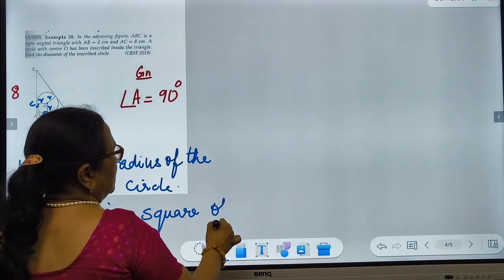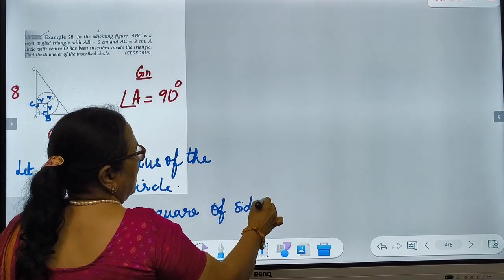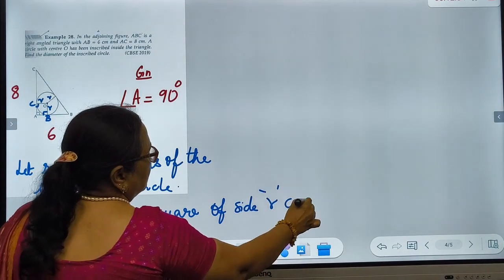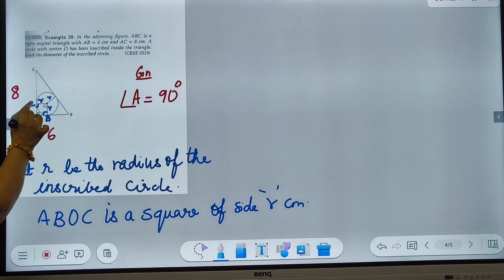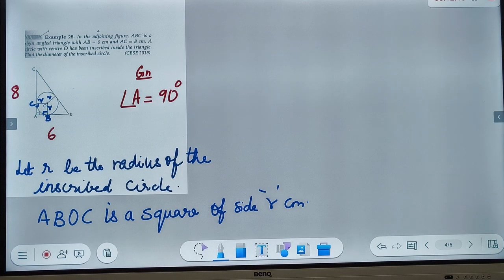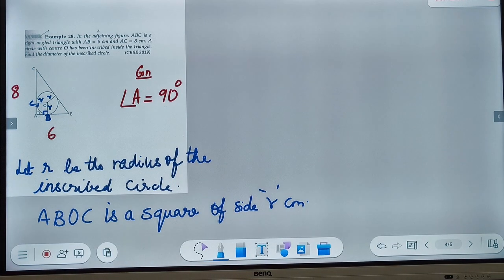And what is the side of the square? Of side R centimeter. Okay. So what do you observe? This is 90, this is 90. Therefore, all the four angles, this is also radius. Radius is always perpendicular to the tangent. All the four angles are 90. Adjacent sides are equal. Therefore, it forms a square of side R centimeter.